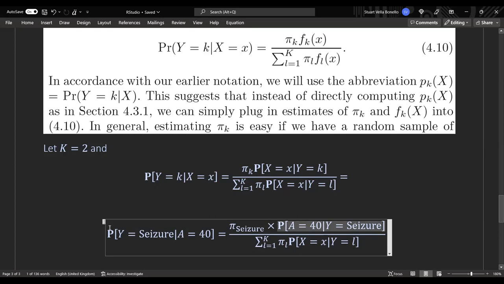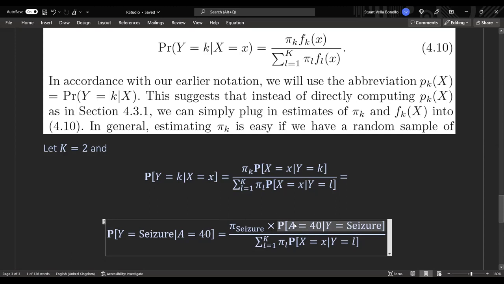Let's just make sure that we're comfortable with these probabilities. So this is the probability that if the patient had a seizure, then their age at the time was 40. I think it was that vertical line that confused me a little.